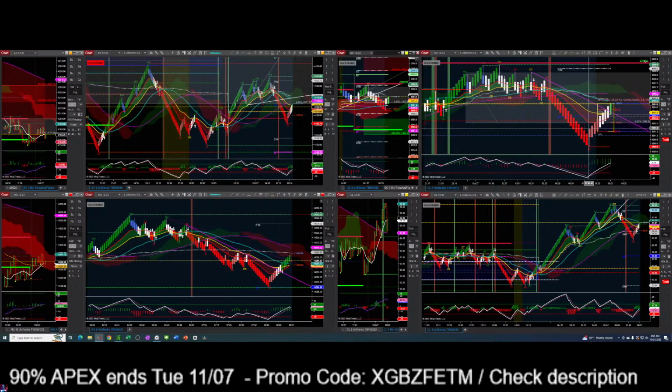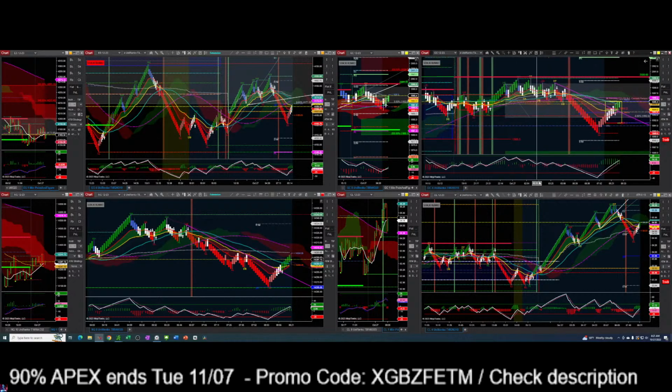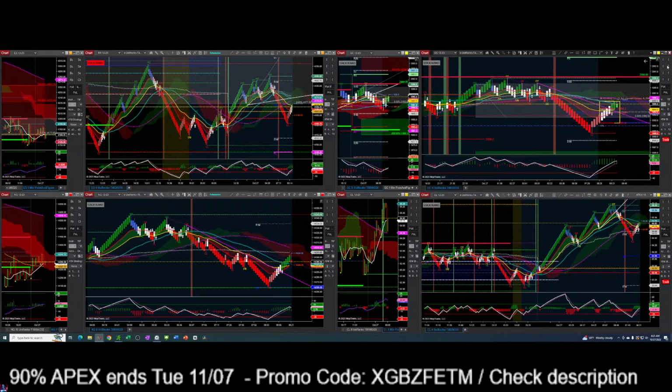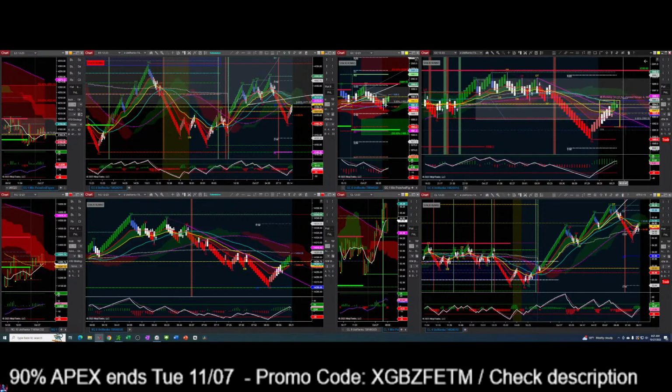There was not really an entry other than this one would be a counter trend. So it's moving higher. None of my setups is triggering here, and we're too close to news.